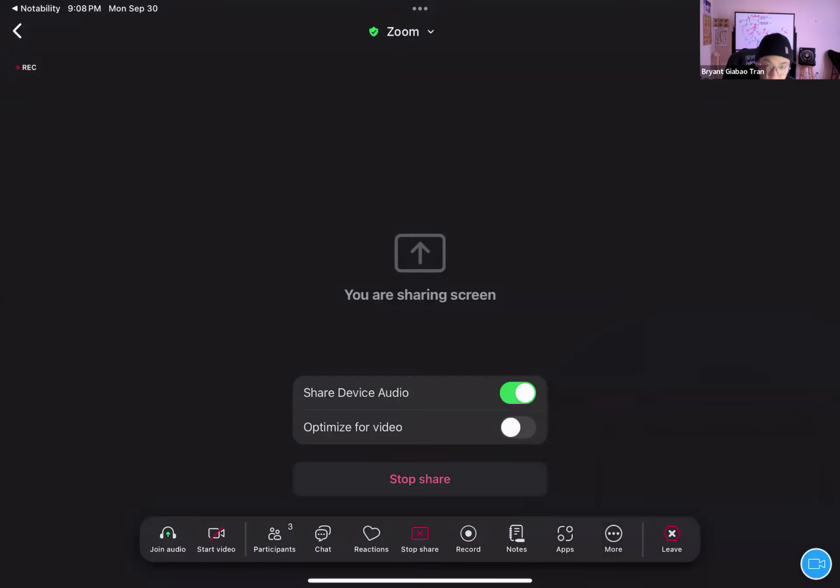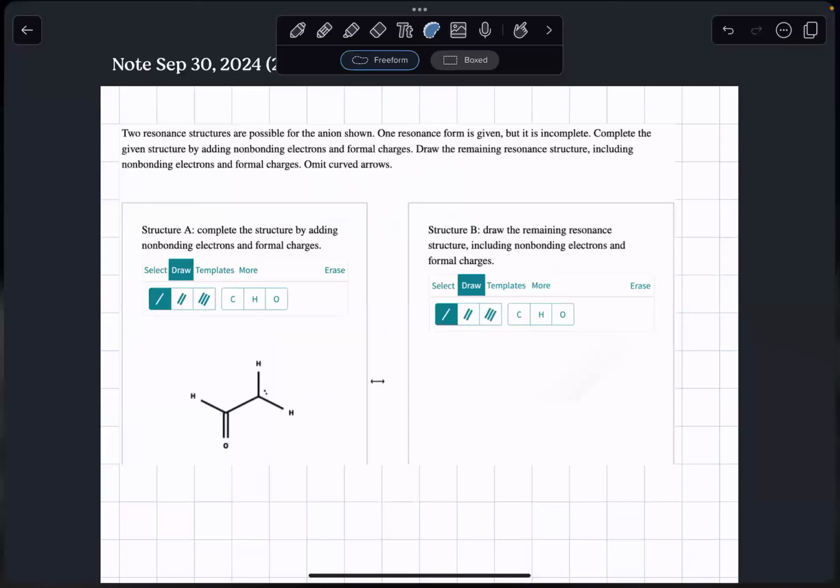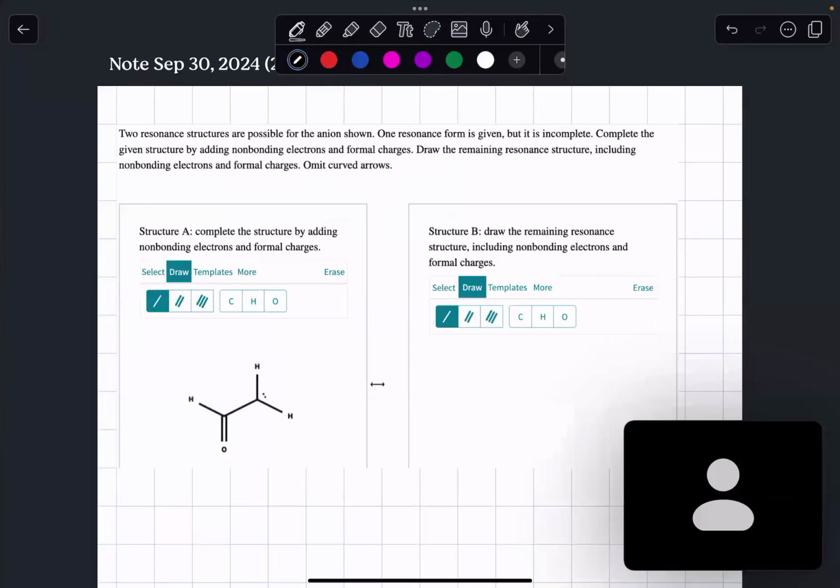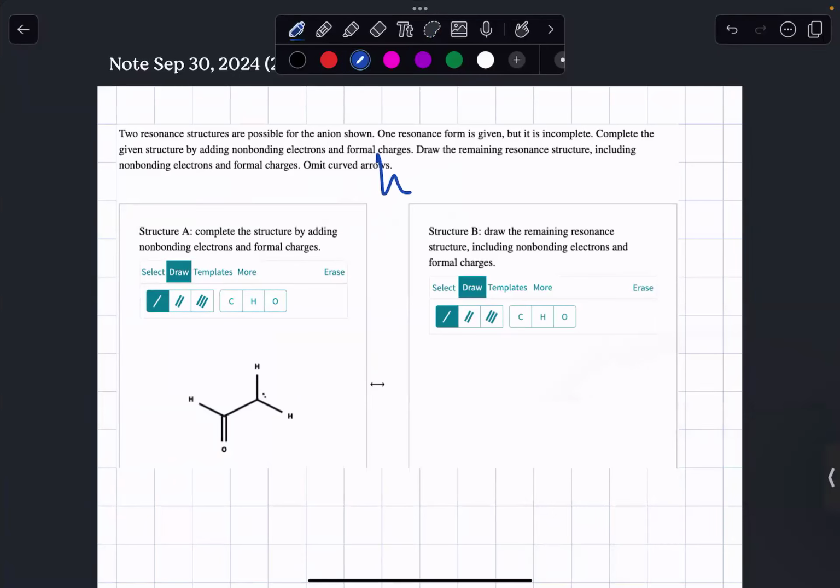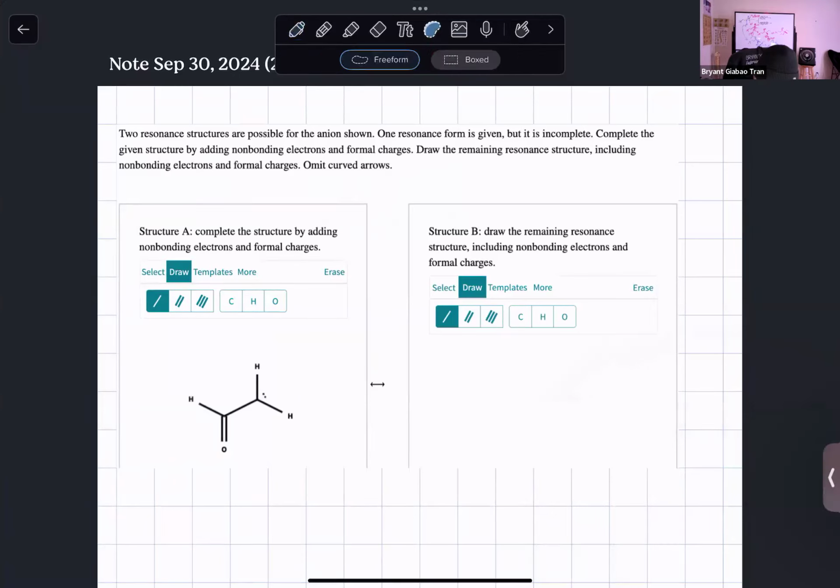Okay, do you see my screen? Yeah. Okay, so the question is saying two resonance structures are possible for the anion shown. Do you know what an anion is?